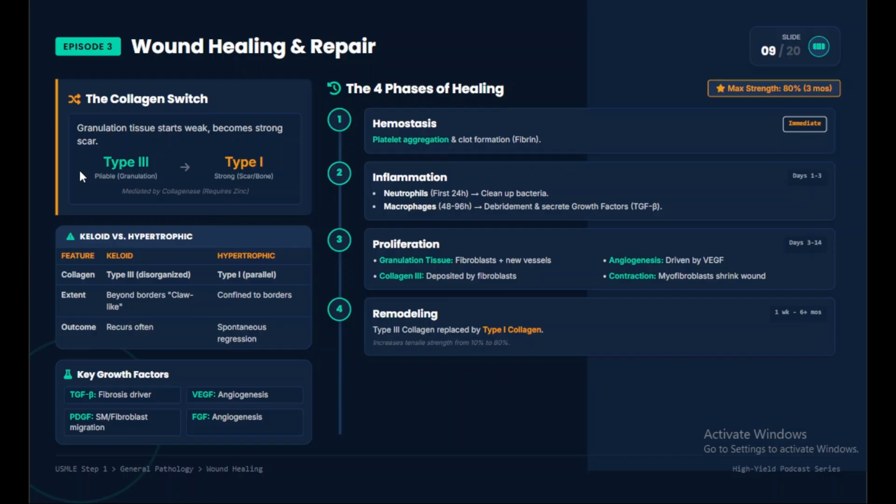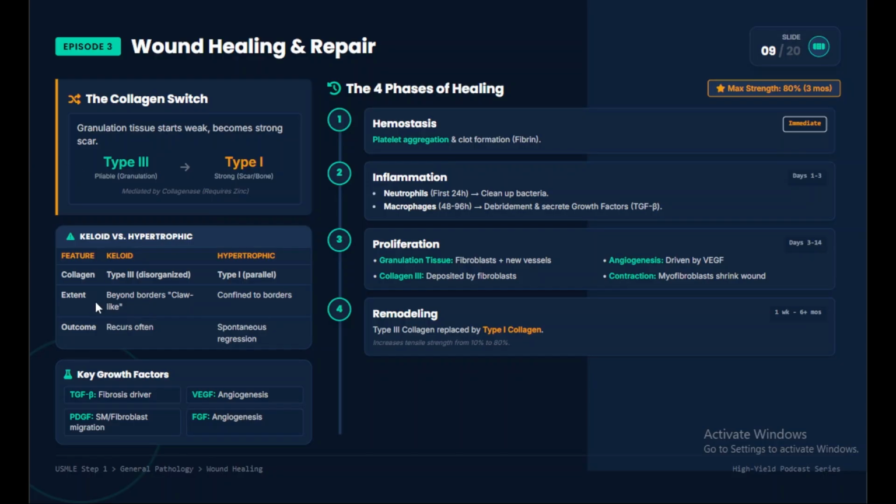Whereas in hypertrophic scar, a complete scar is formed, with more type 1 collagen, and that's why it is not as pliable as keloid. Now, keloid spreads beyond the borders, and hypertrophic scar is confined to the borders. This is a very important point that you should keep at the back of your mind.